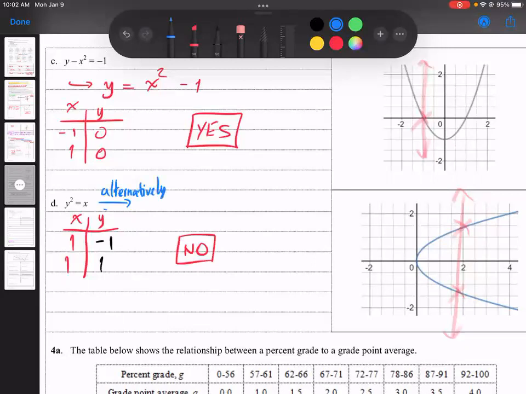You can solve for y. We talked about that, right? Square root both sides. When you square root, you put plus and minus for a letter. If it's a number, you don't have to.